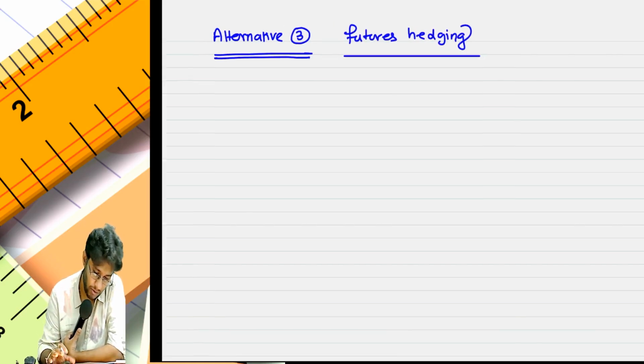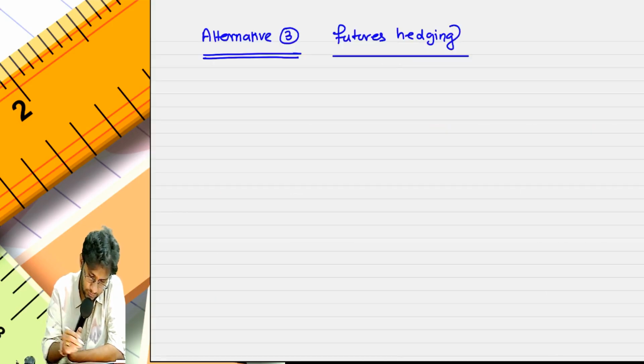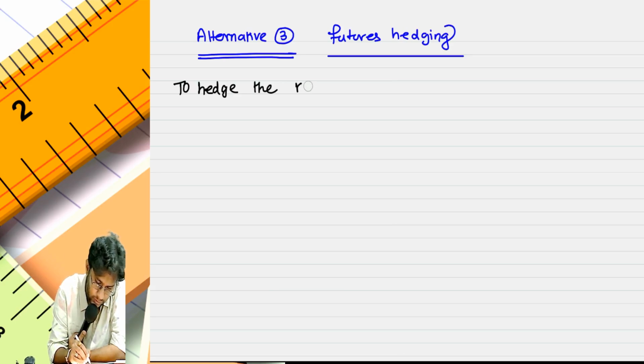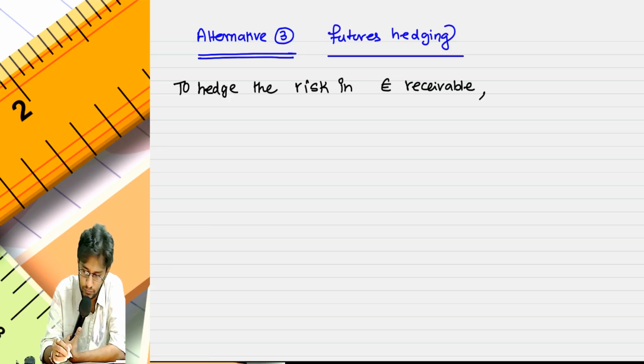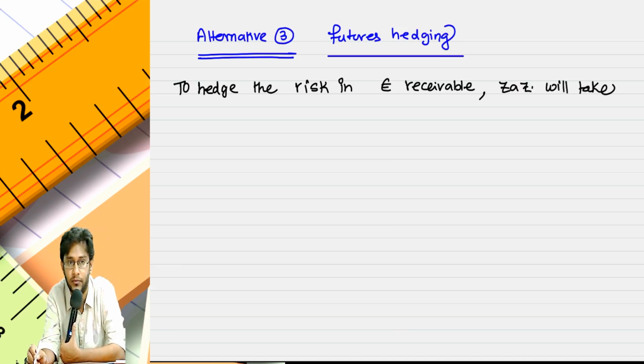Anyway, to hedge the risk in the euro receivable, ZAS will take, this time no diagram, inside only.